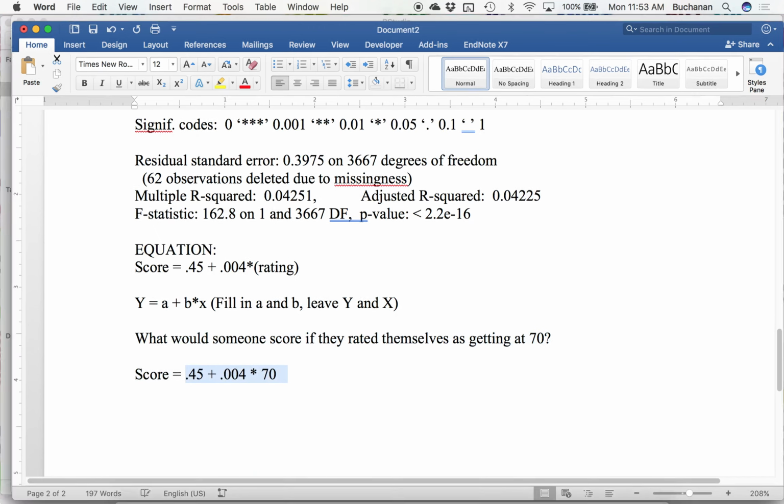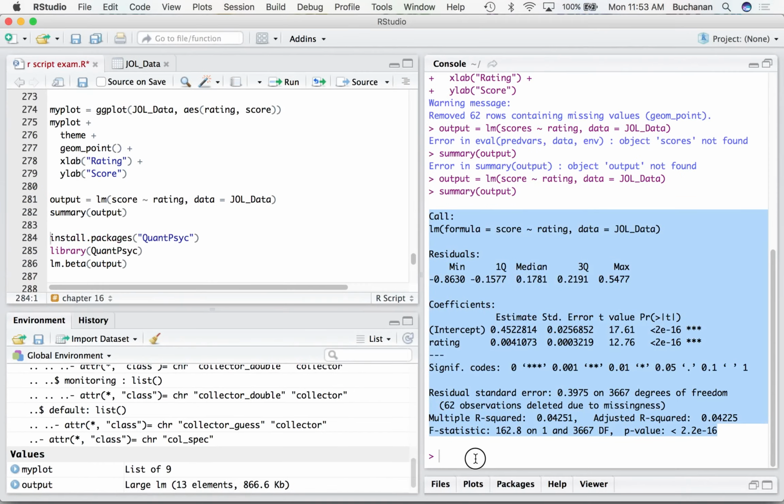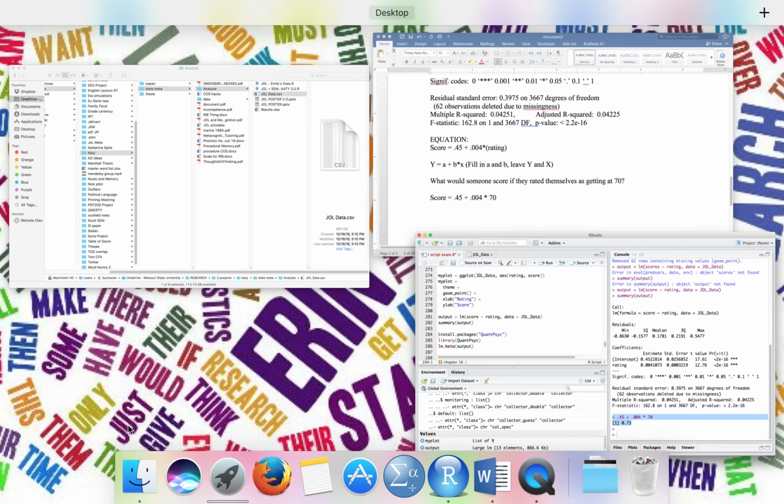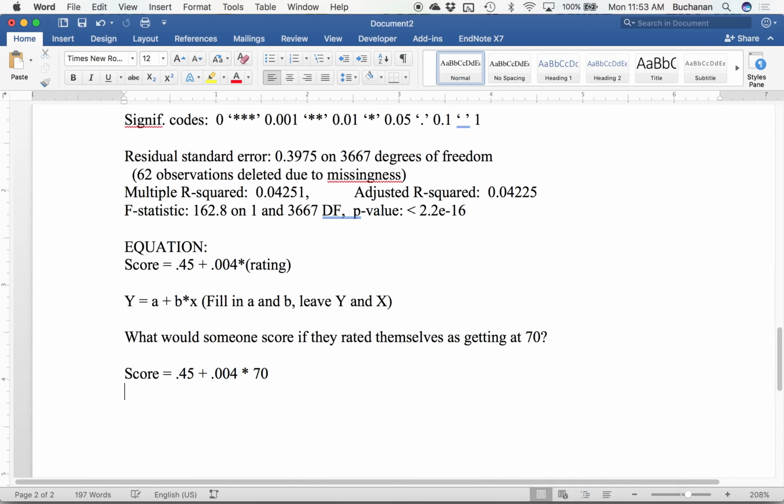I'm going to make R do that for me since I am bad at calculators. And their score is 0.73. So I would expect them to get that question 3/4 right. Just an example, this is really what you need for step 3.